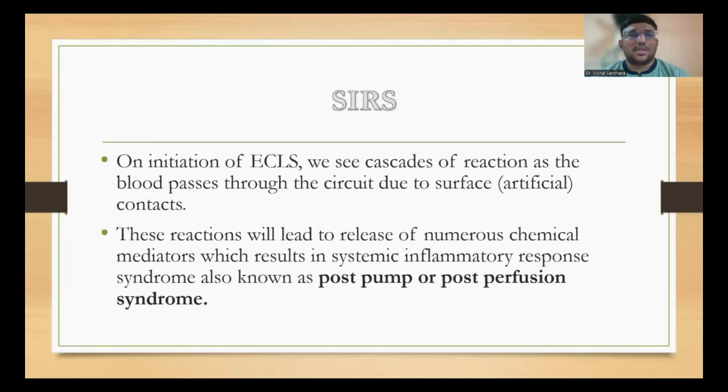On initiation of ECLS, we see cascades of reaction as the blood passes through the circuit due to surface contacts. These reactions lead to the release of numerous chemical mediators, which results in the systemic inflammatory response syndrome, also known as post-perfusion syndrome.